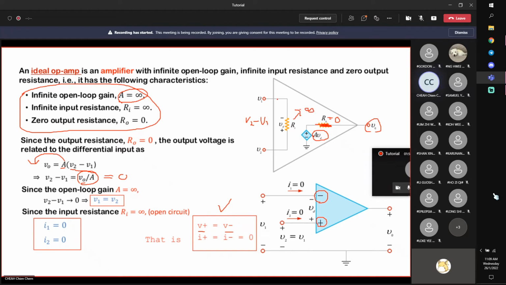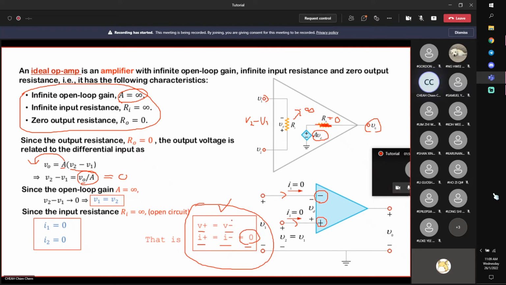If this is infinite, no current can flow through it, like an insulator. It means that I1 is 0, I2 is also equal to 0. Or in terms of plus and minus, I plus and I minus are both equal to 0. So this is all you need to remember, and it's very easy to remember: V plus equal to V minus, I plus equal to I minus equal to 0.